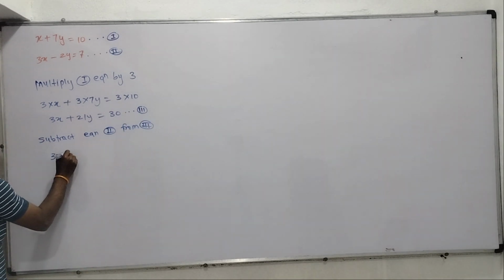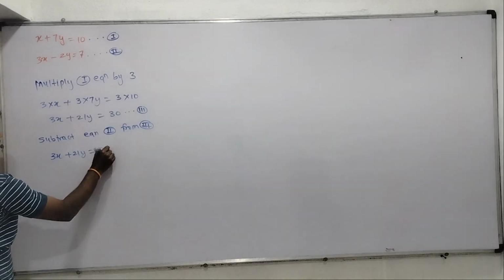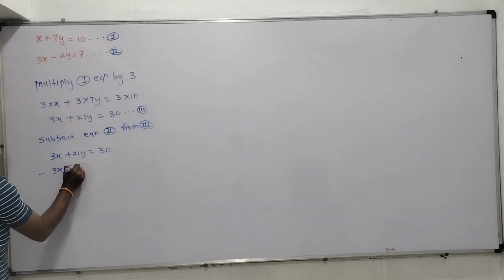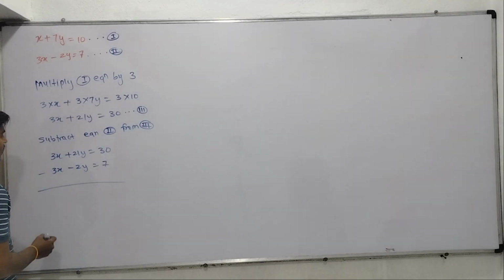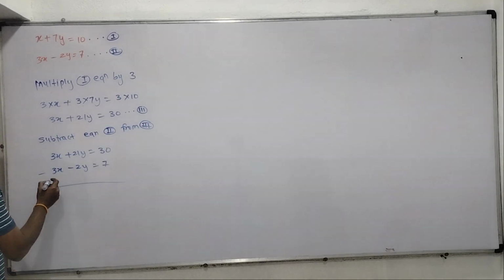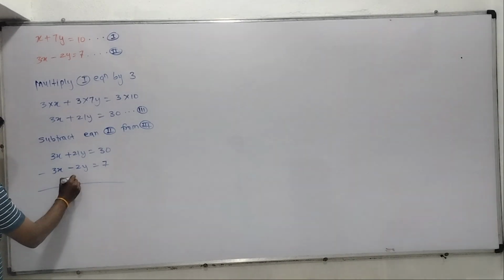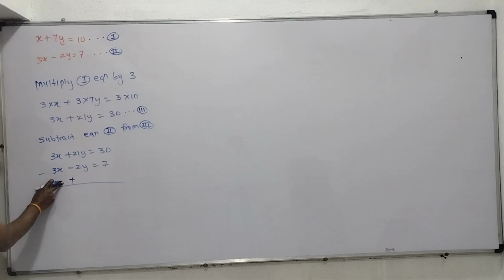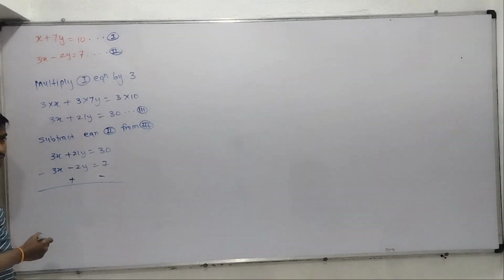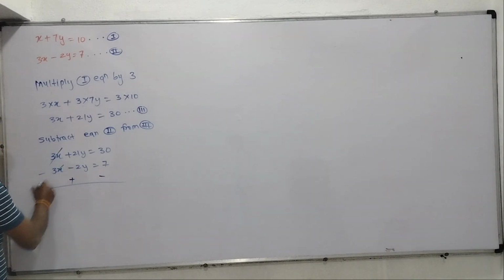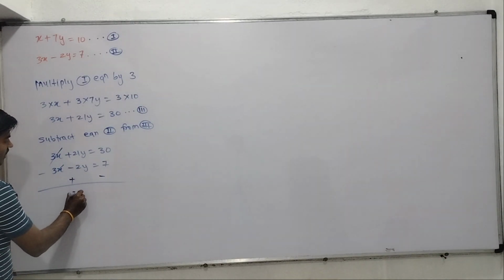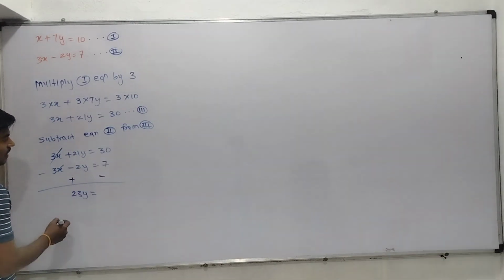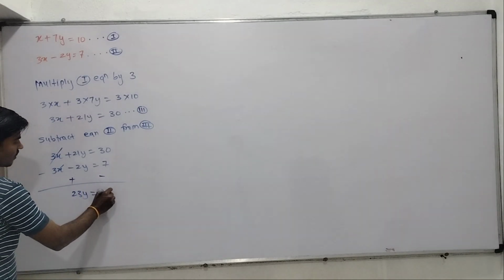Here 3x plus 21y is equal to 30, minus 3x minus 2y is equal to 7. This minus will become plus because we are subtracting, and here also it becomes minus. So 3x will be cancelled. 21 and 2 will be 23y is equal to 30 minus 7, which is 23.